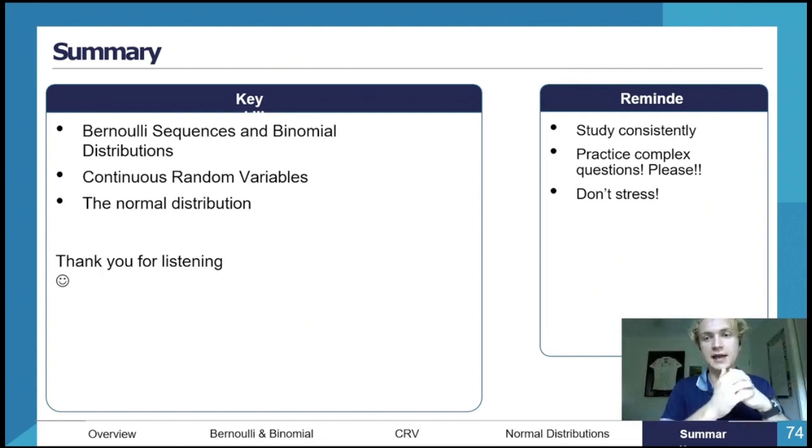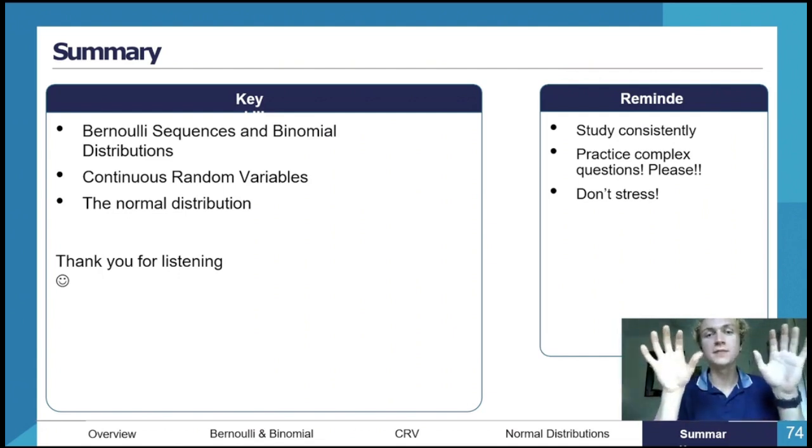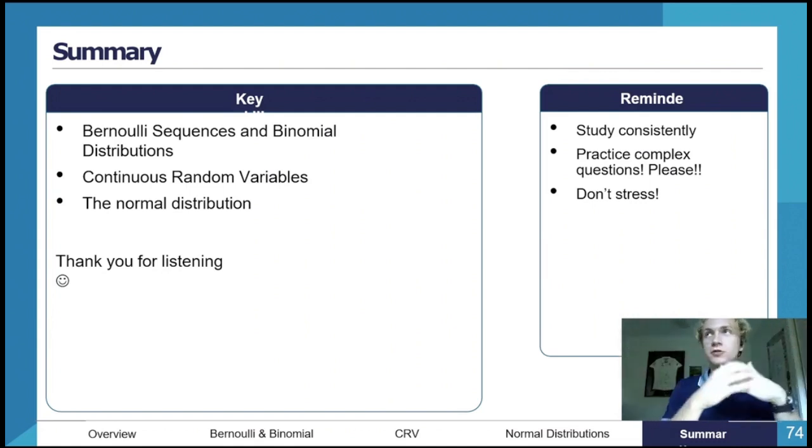However, you need to be practicing significantly to be able to differentiate between these problems. If you do the homework and put in the work, you will do well when these questions come up. Okay. So yeah, the things we went over today: Bernoulli sequences, binomial distributions, continuous random variables, normal distribution.